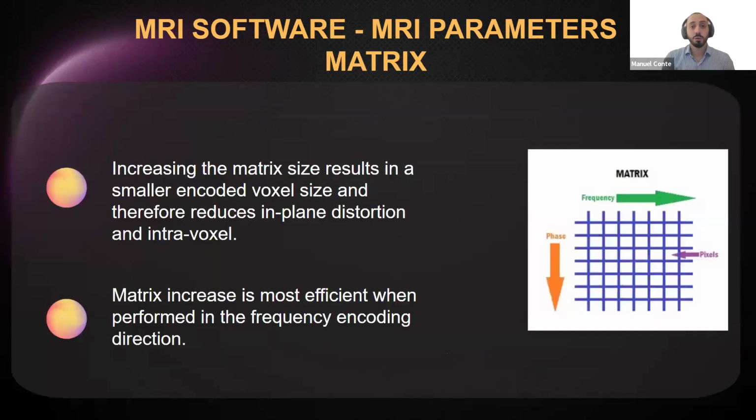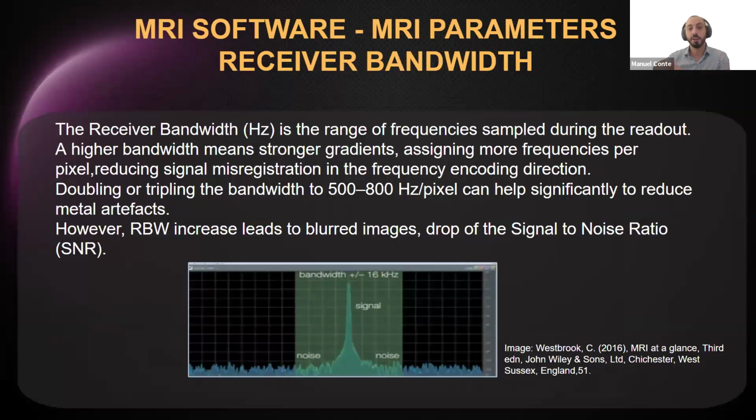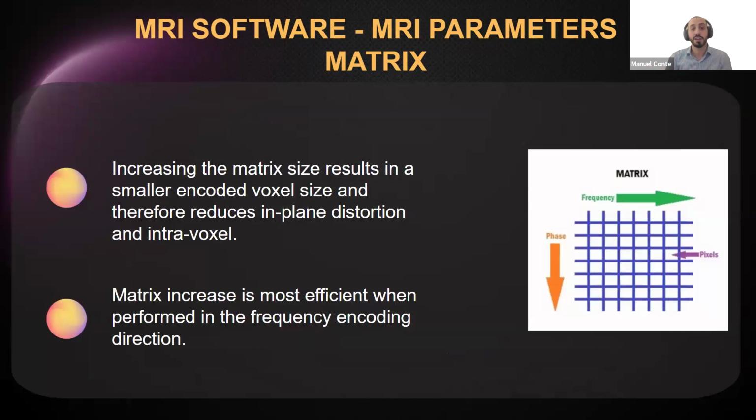Another way to decrease the metal artifact is to increase the matrix. Increasing the matrix size results in a smaller encoded voxel size, and this reduces the in-plane distortions. So both bandwidth, which is in the frequency encoding direction, and the matrix reduce the in-plane distortions.